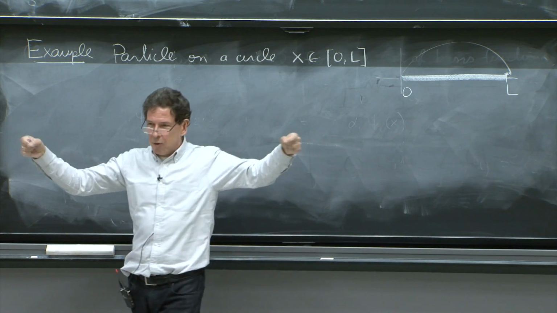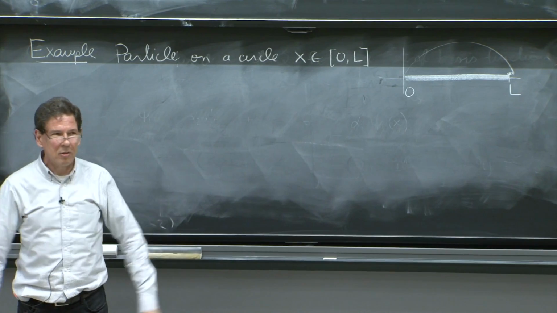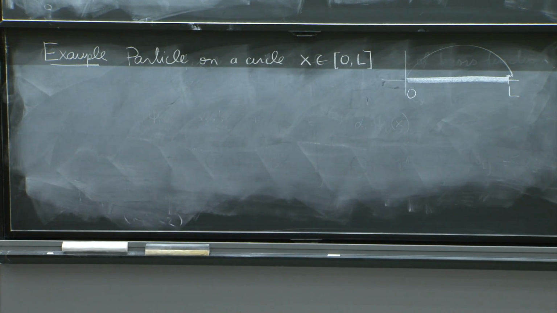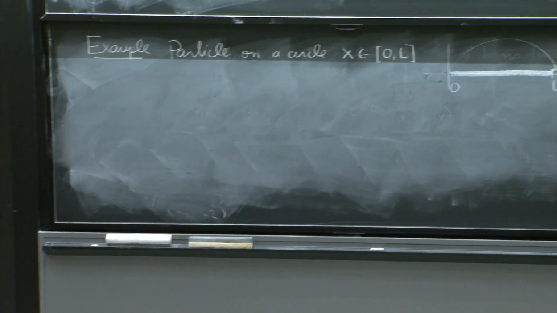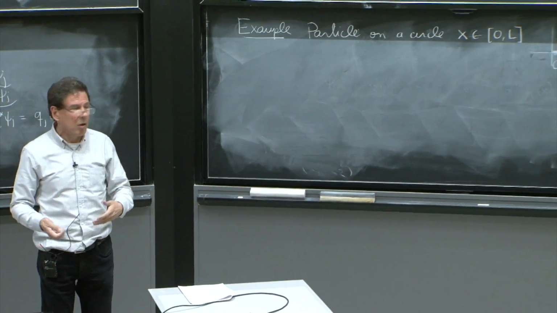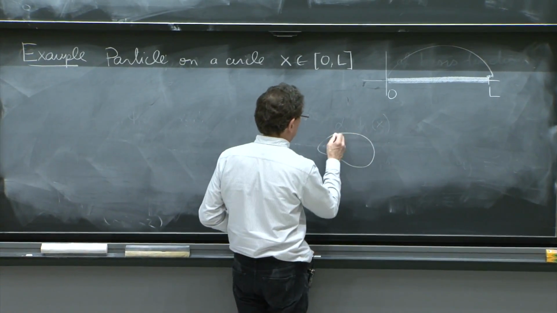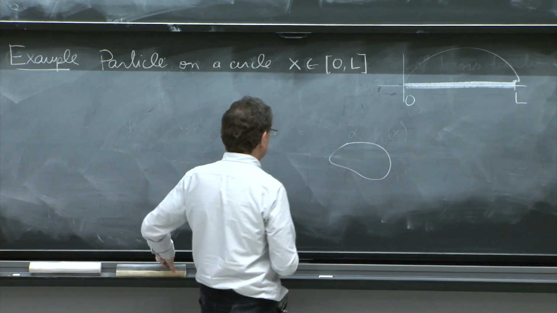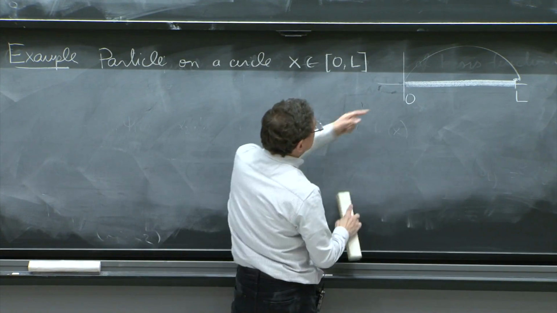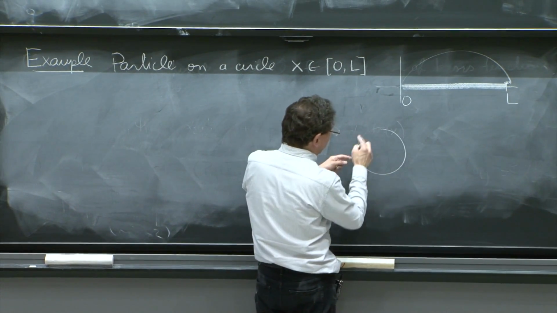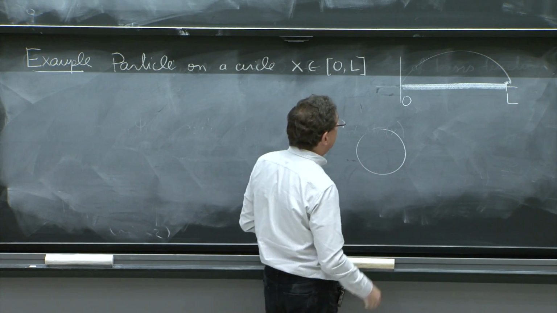If you have a line and you identify the two endpoints, that's called a circle, in the sense of topology. A circle as a set of points equidistant to a center is a geometric description of a round circle. But topologically speaking, anything that is closed is topologically a circle. And we think of a circle as this. Physically, it could be a curved line that makes into a circle, but it's not important.